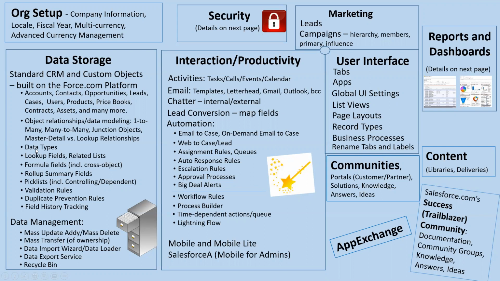And I often expect, and users when they first get started expect, that in the place where you can define and change things about a field, you would be able to rename the label there. And oftentimes when you can't figure out how to do it there, you figure it can't be done. So keep in mind that this is in a separate place in the setup menu. It's its own feature called Rename Tabs and Labels.